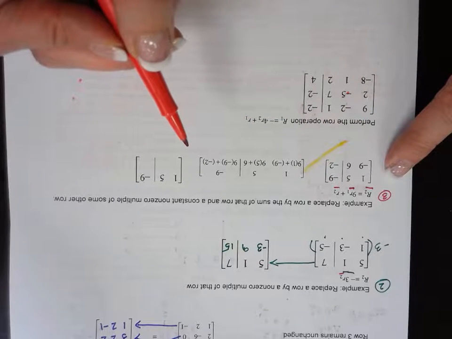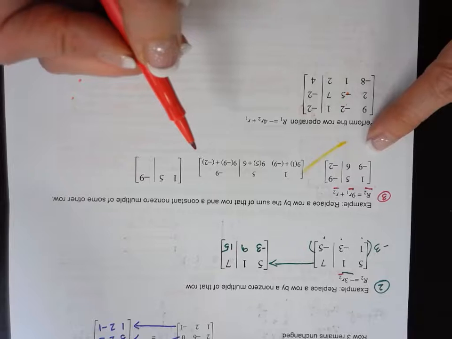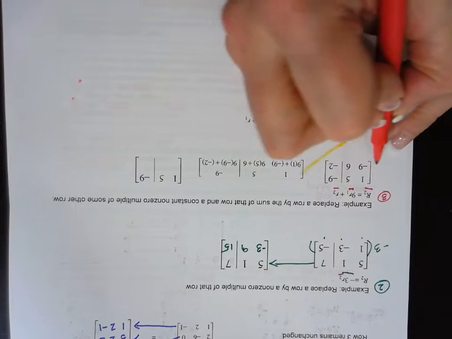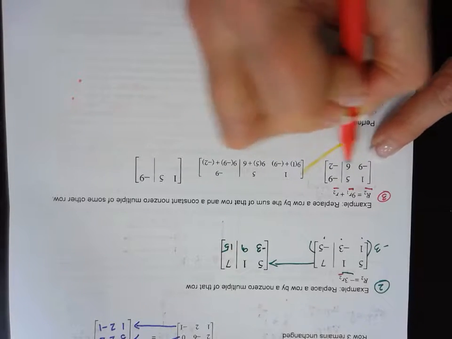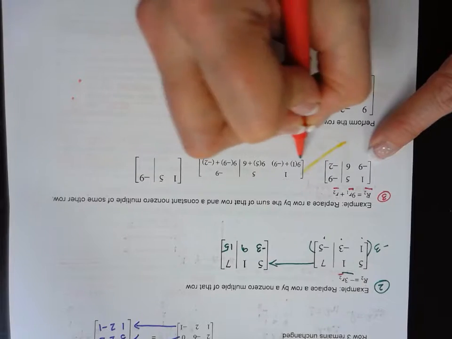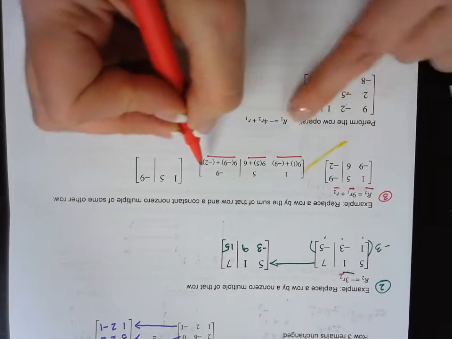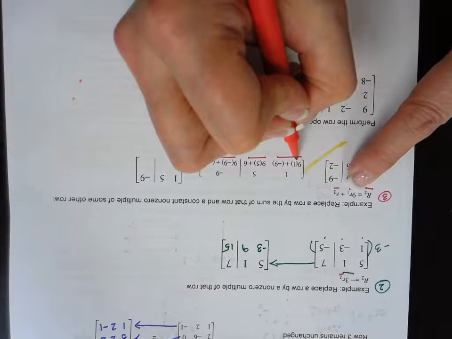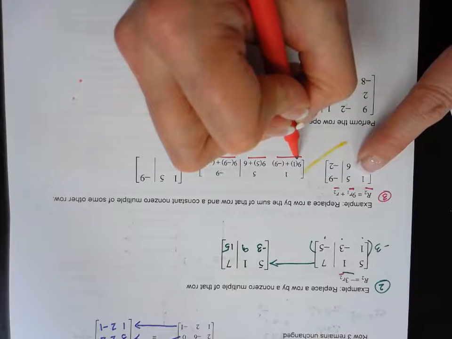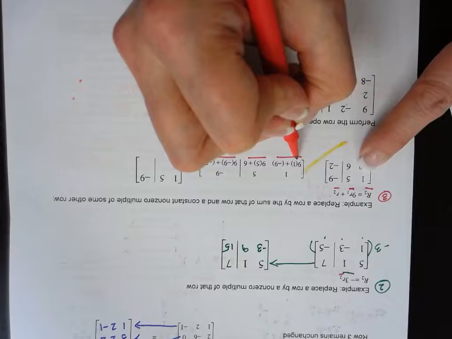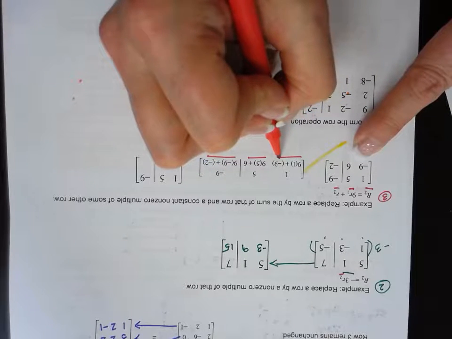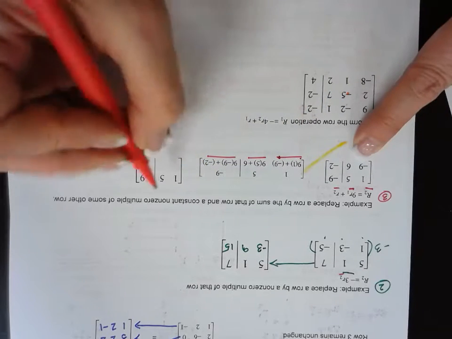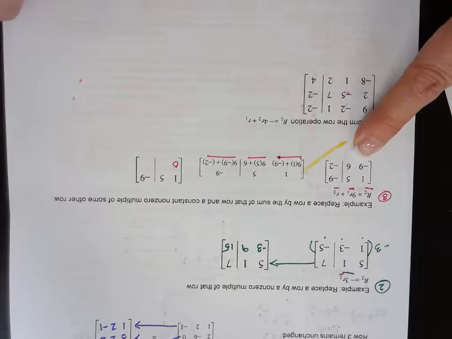So I start with my row 2, and I have to do it for every element. For the first one, I did 9 times 1, because that's row 1, and then I added it to row 2, so 9 plus a negative 9 gives me a 0.